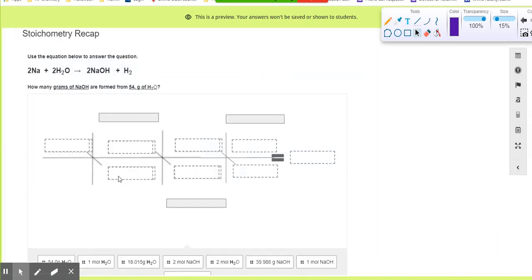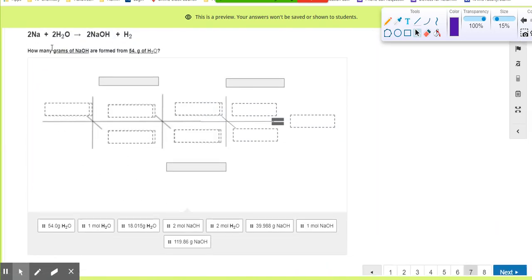All right, so we have how many grams of NaOH are formed from 54 grams of H2O. So we're going to put the 54 grams H2O into that first box. Remember, the setup is that we have our mole conversion right here, which is just the 1 mole to molar mass.